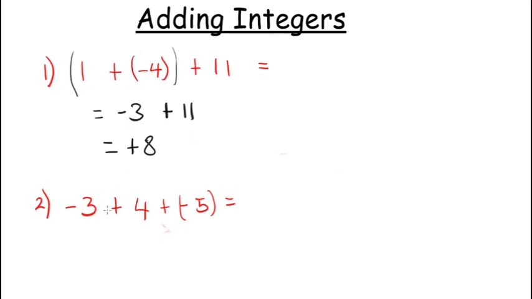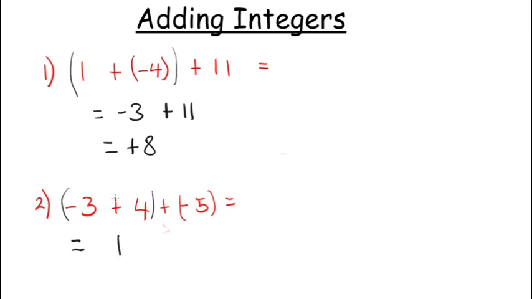Now the second question that we have is negative 3 plus 4 plus negative 5. We're going to work it in parts again. Negative 3 plus 4, we have a negative and a positive integer being added. So we are going to subtract the absolute values. 4 minus 3 gives us 1.